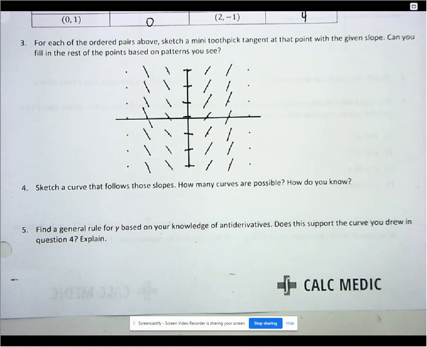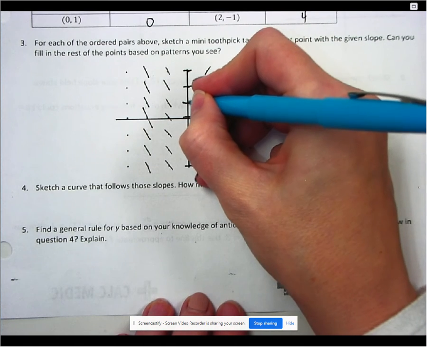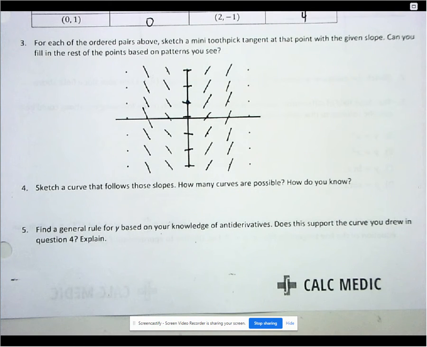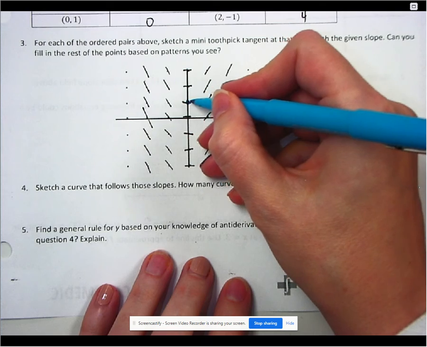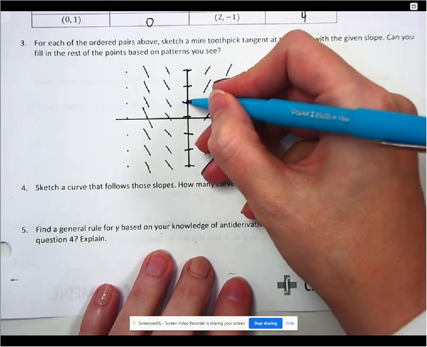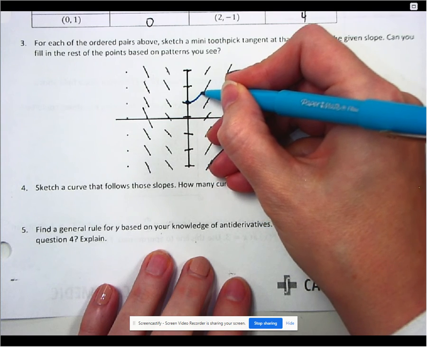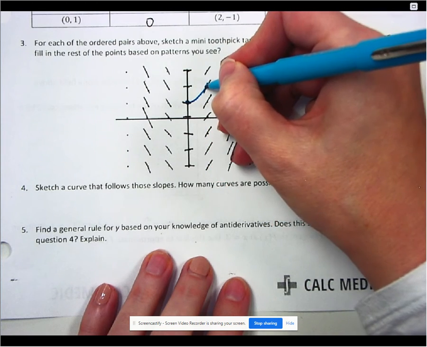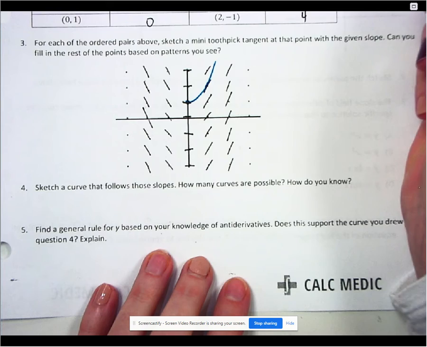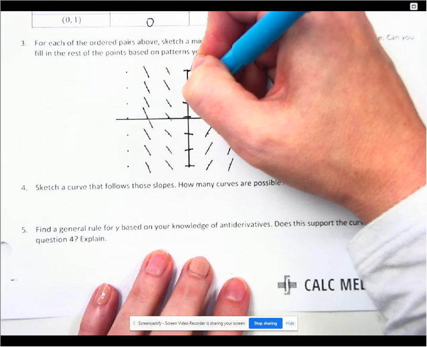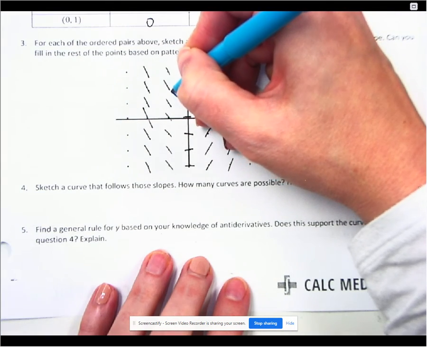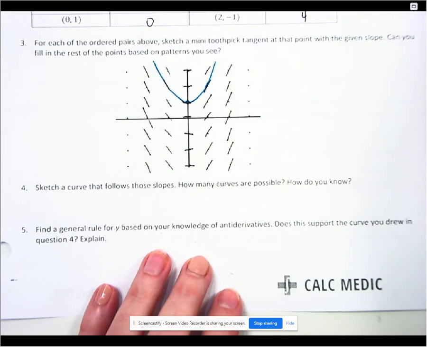So I'm going to put a point right here. And I'm going to sketch a curve through that point. At that point, it should be kind of flat. And as I go to the right, I'm going to follow the flow of the slopes. And it kind of looks like that. And the same thing over here. It's going to be flat, and then it's going to follow the slopes, kind of like that.